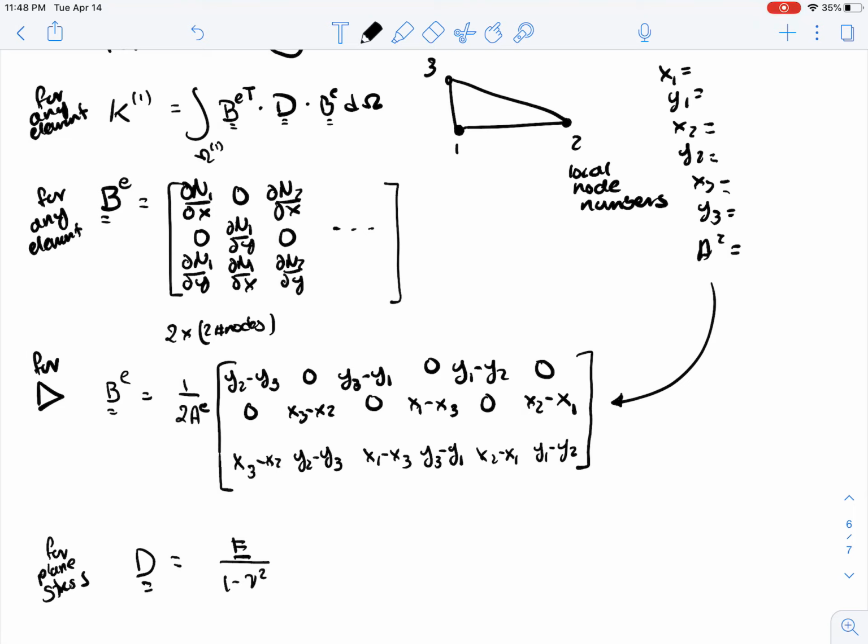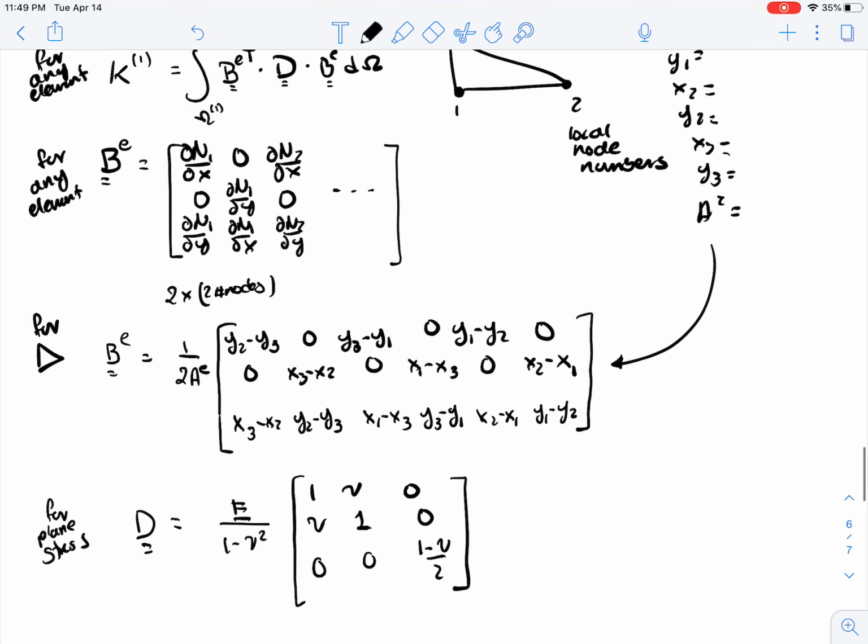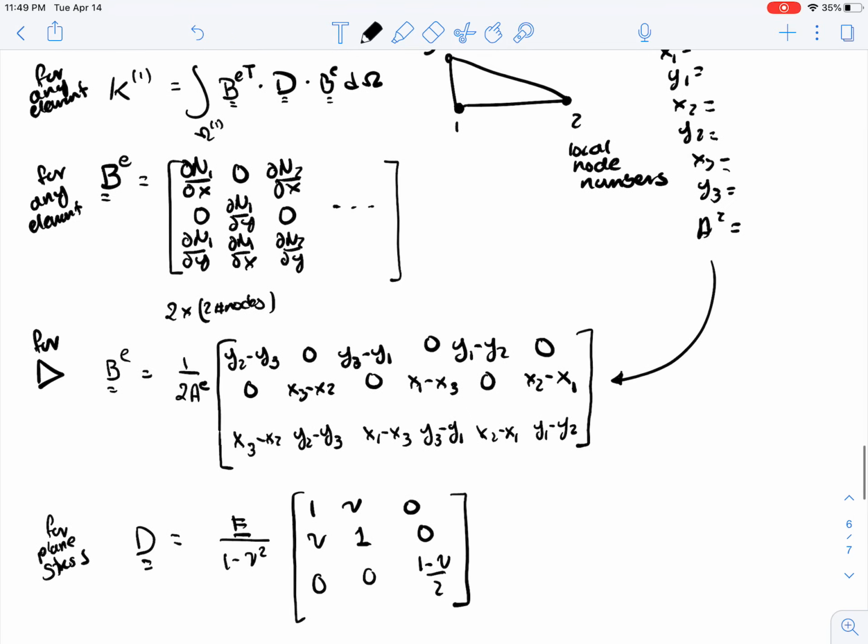This one just looks like E, so Young's modulus over 1 minus nu squared, times 1 nu 0, nu 1 0, and 0 0 (1 minus nu) over 2. Again, this is given, you can look this up in the book.